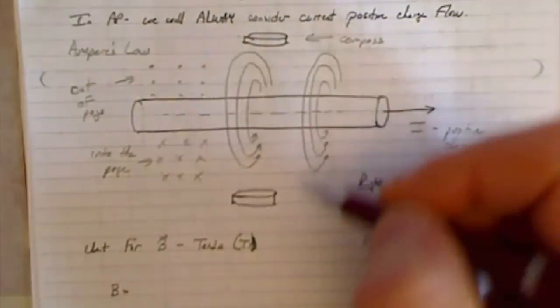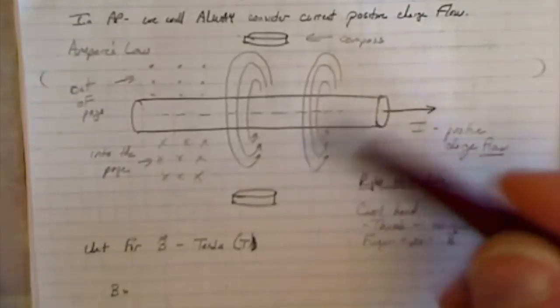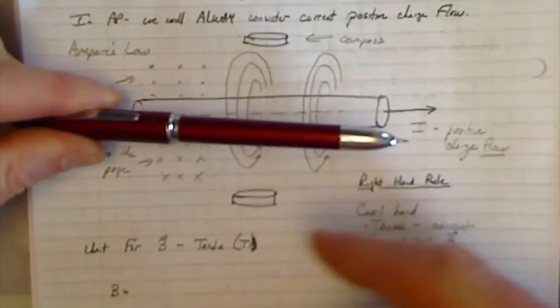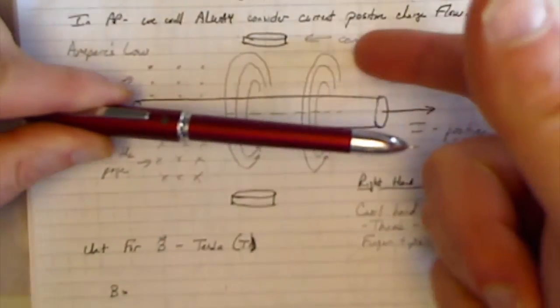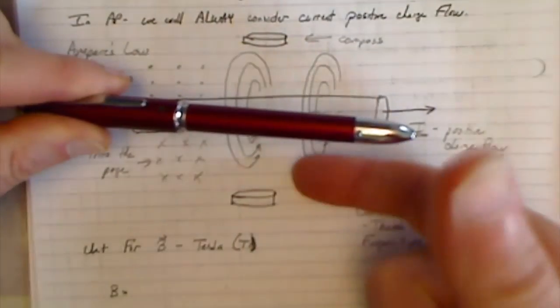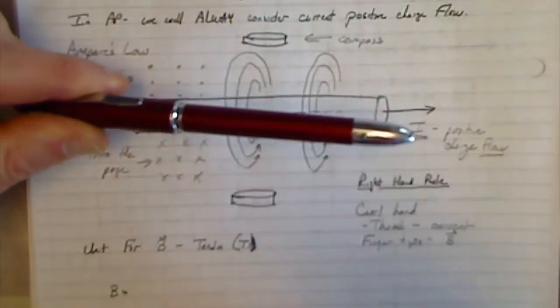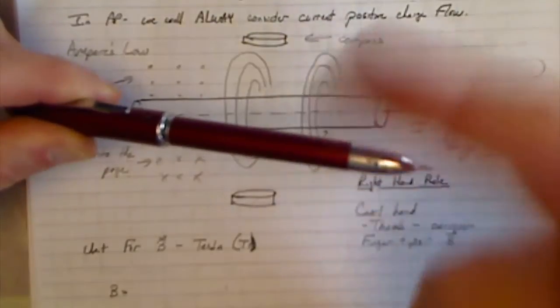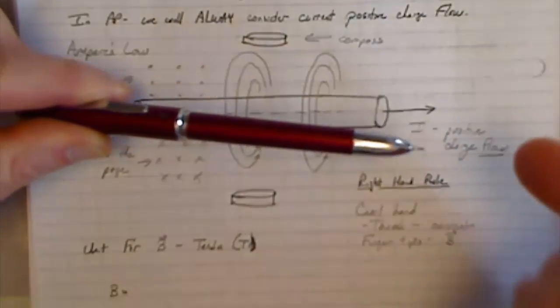Now let's go back to our compass. We've got one on the top, one on the bottom. The magnetic field is coming out of the page above, going in below, and it's going around in a circle in a plane perpendicular to the wire.